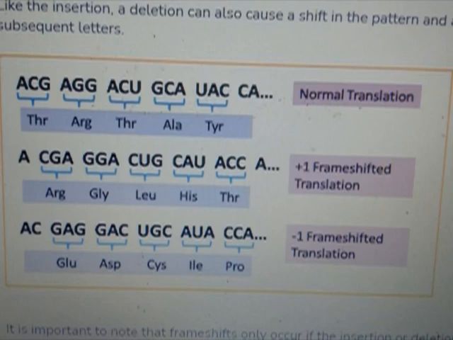Under this condition, a mutation is said to have occurred. So a mutation can be defined as an alteration in the nucleotide sequence in the DNA molecule, and that change is heritable.